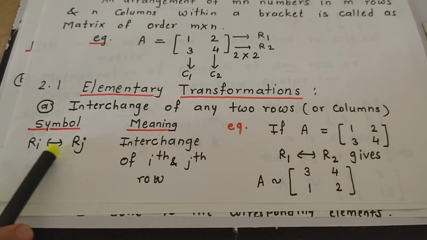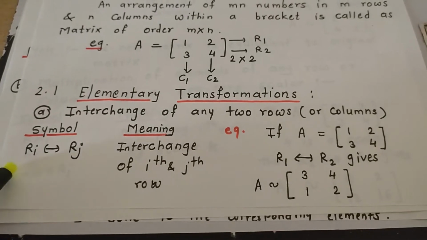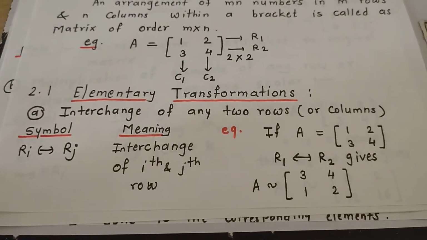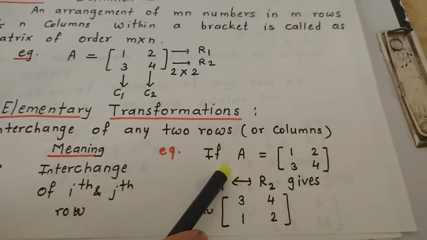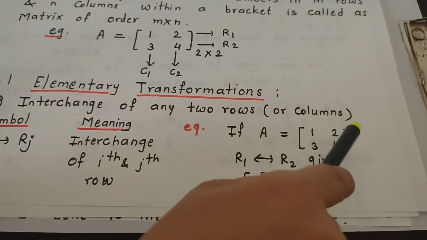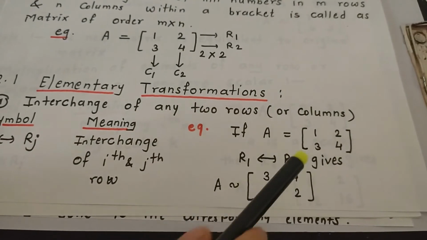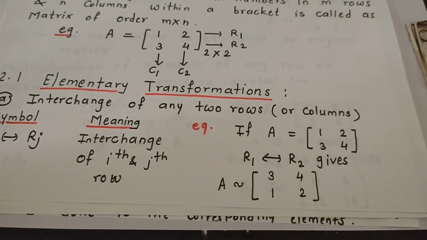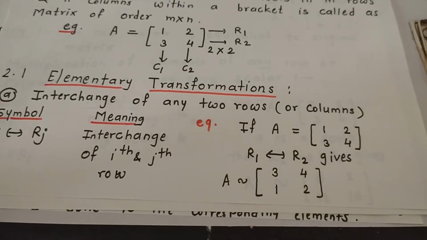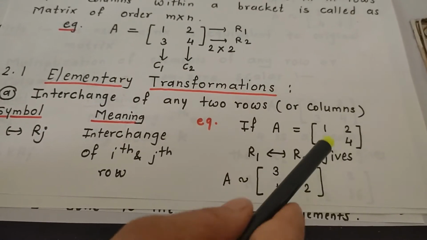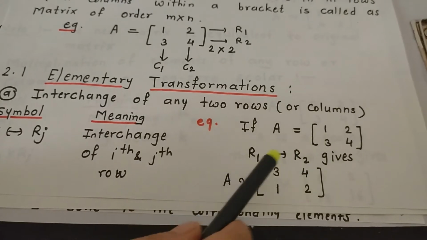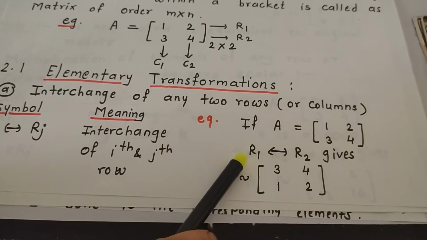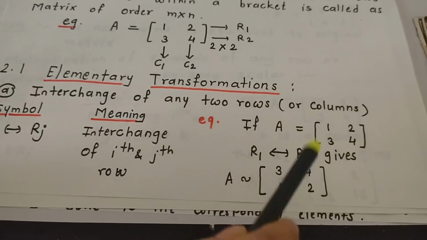This symbol is used for interchange and read as interchange of Ri and Rj. For example, if A is a matrix of elements 1, 2, 3, 4 and we have to interchange the first row and second row. Interchange means exchange of elements. It is symbolically denoted by interchange of R1 and R2.